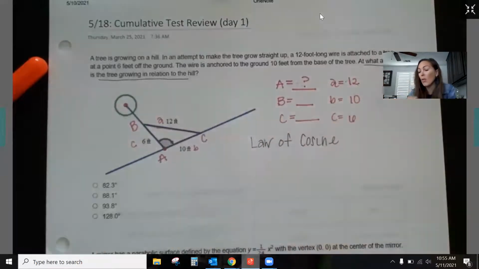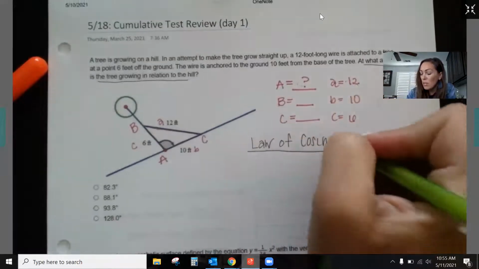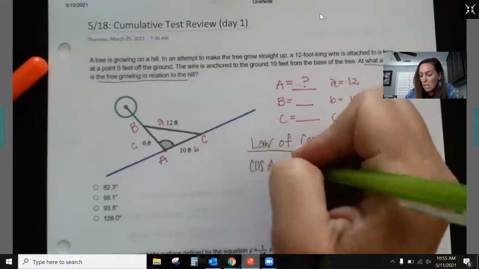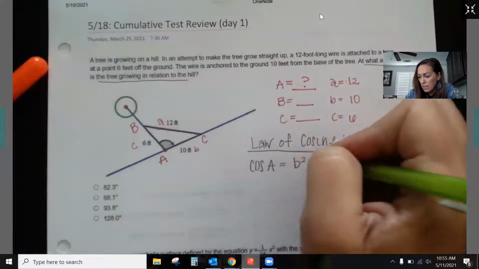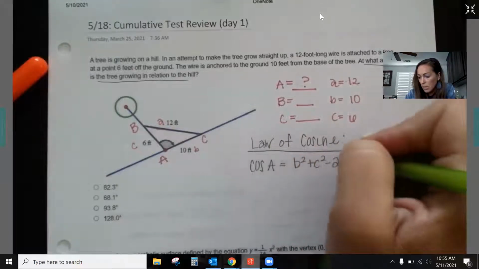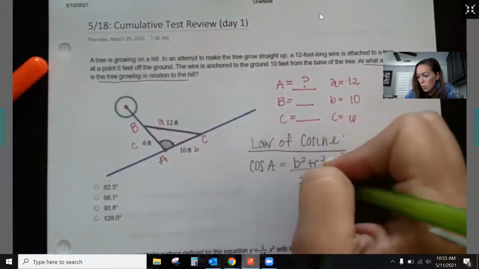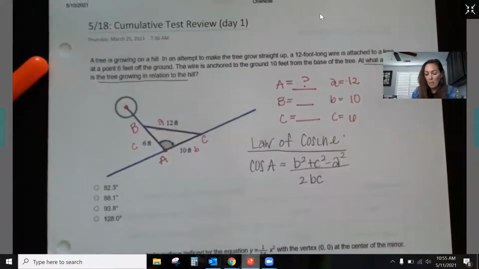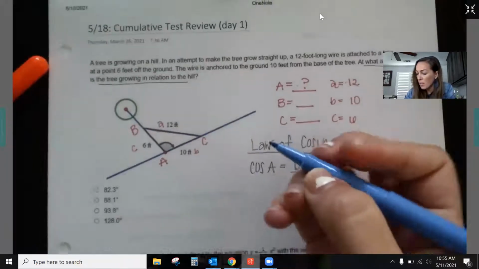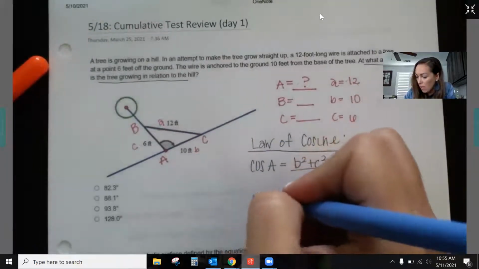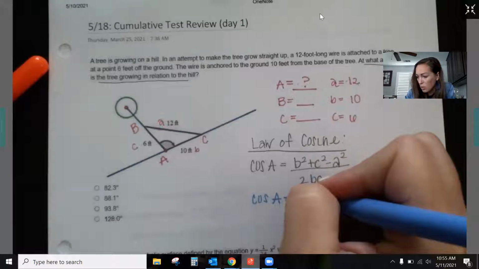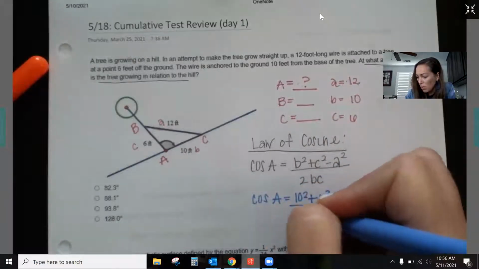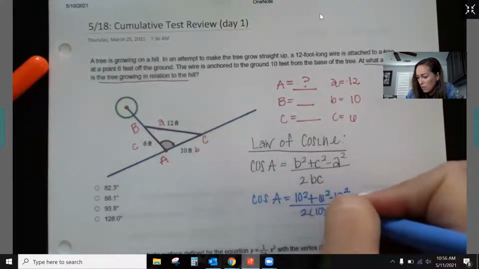And I'm looking for an angle. So I'm going to use the equation cosine of A is equal to B squared plus C squared minus A squared all over 2BC. And I'm going to plug in all my sides. So what I end up with is cosine of A is equal to 10 squared plus 6 squared minus 12 squared all over 2 times 10 times 6.